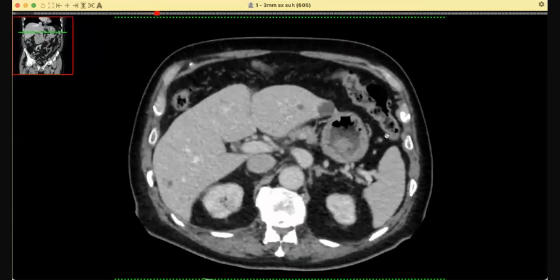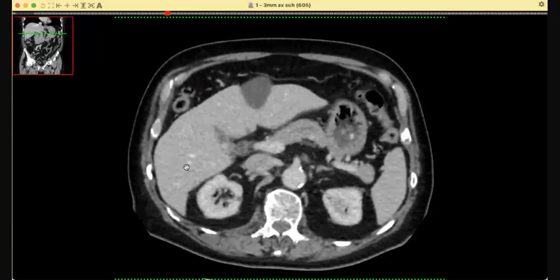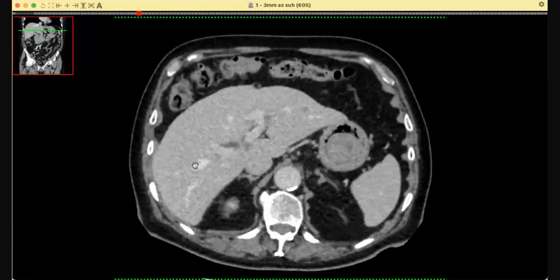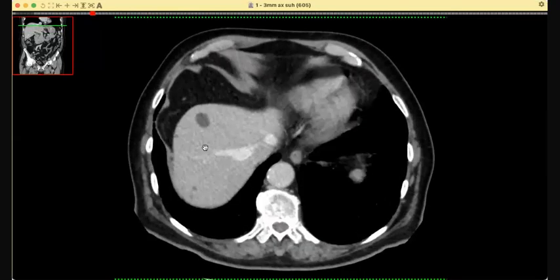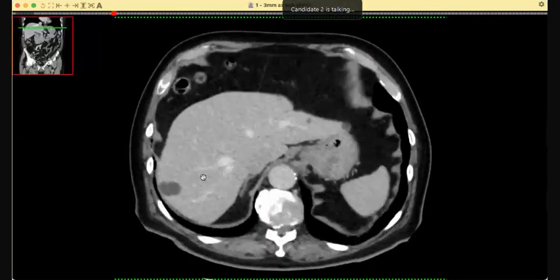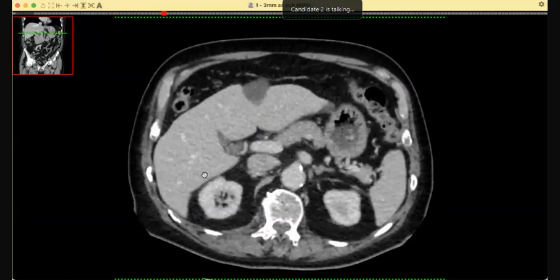You said that these lesions are metastases, and can they be anything else? Yes, they can be hepatic cyst or hemangioma. Okay, just give me your conclusion.